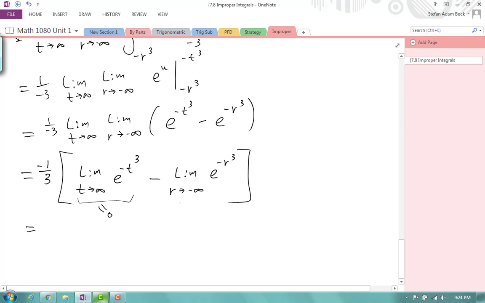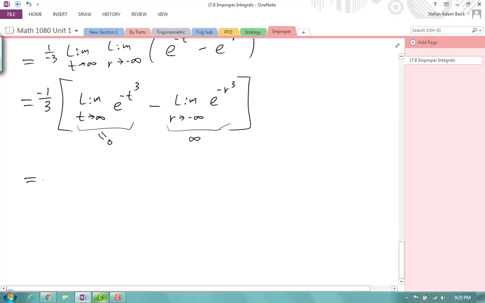And over here, as r goes to minus infinity, r cubed goes to minus infinity, so I have e to the minus minus infinity, so I have e to the infinity, but e to the infinity is infinity. So it looks like I got 1/3 of infinity, which is still infinity.